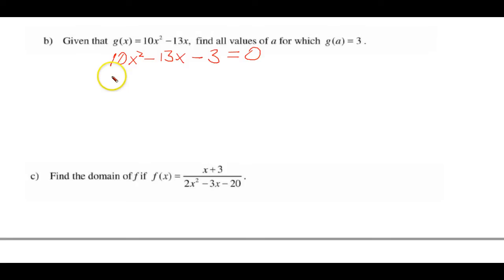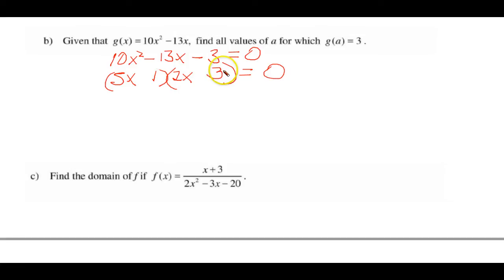Now, no common factors. And this is a 13 in the middle. But anyway, again, I started to factor this. I tried a 10 and a 1 and it didn't work. So I went to 5 and 2.